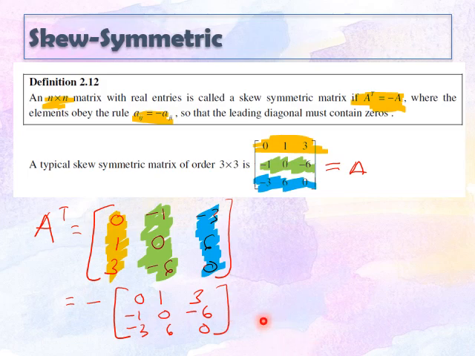Exactly the same thing. So A transpose is equal to negative A. When AT is equal to the negative A, this is what we call a skew-symmetric matrix.